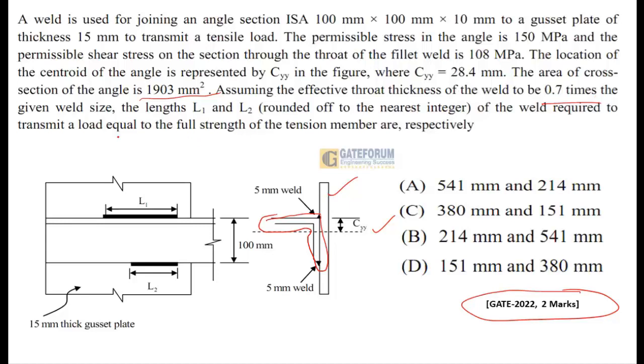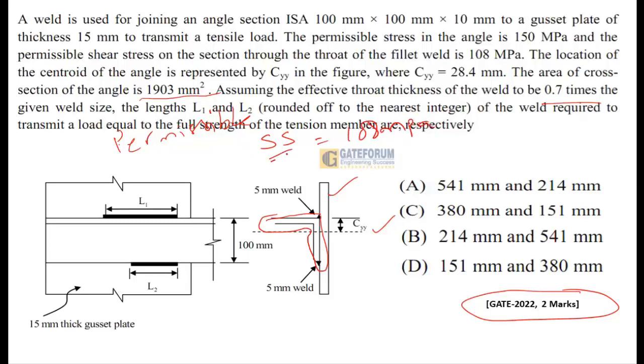So from the given data, if you see properly, the permissible shear stress of the section through the throat of the fillet weld is given as 108 megapascals.